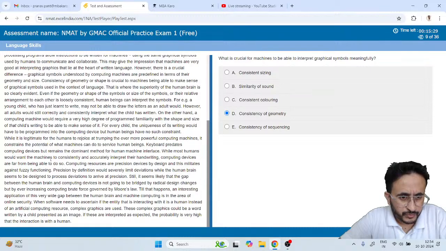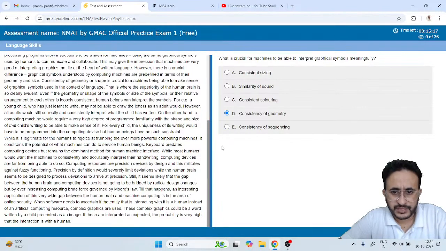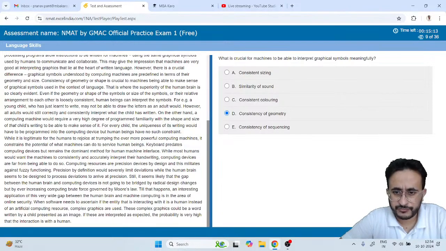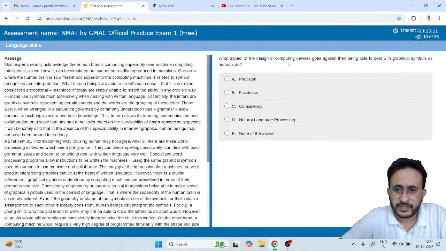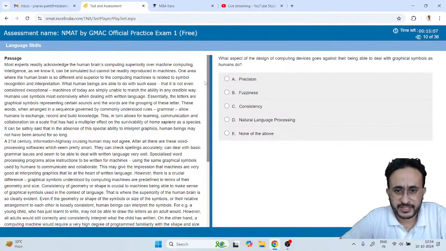While most humans would want machines computing devices, so they need consistency in these graphics, so they need consistency of geometry. Design of computing devices goes against their being able to deal with graphical symbols as humans do.